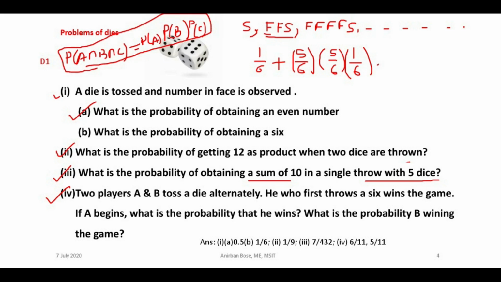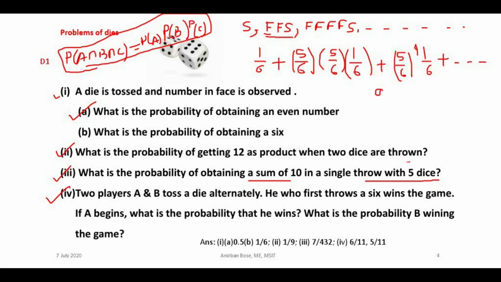Which is the case here. Now what will be the next term? Tell me. So how many 5 by 6 will be there? So (5/6)^4 will come, and then 1 by 6. Okay, so in this way this will go. So clearly this is an infinite series, and to be very specific, an infinite GP series, where the first term is 1 by 6 and the common ratio is (5/6)^2. So what is the sum?